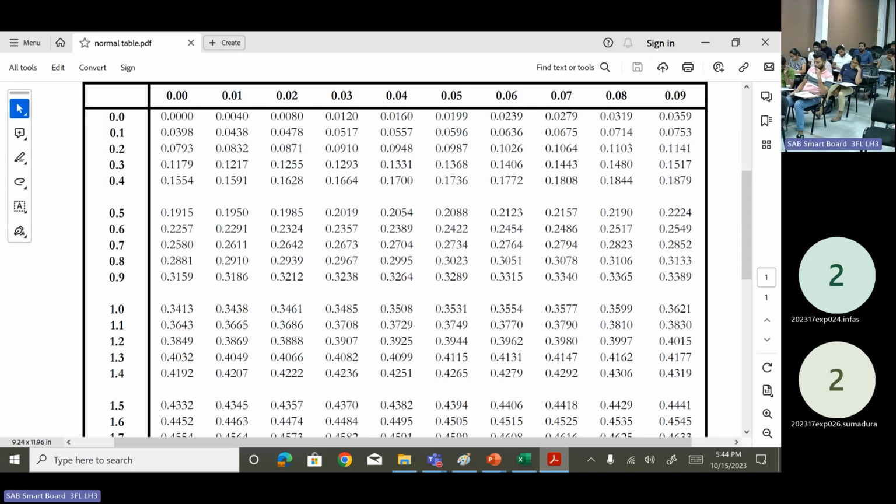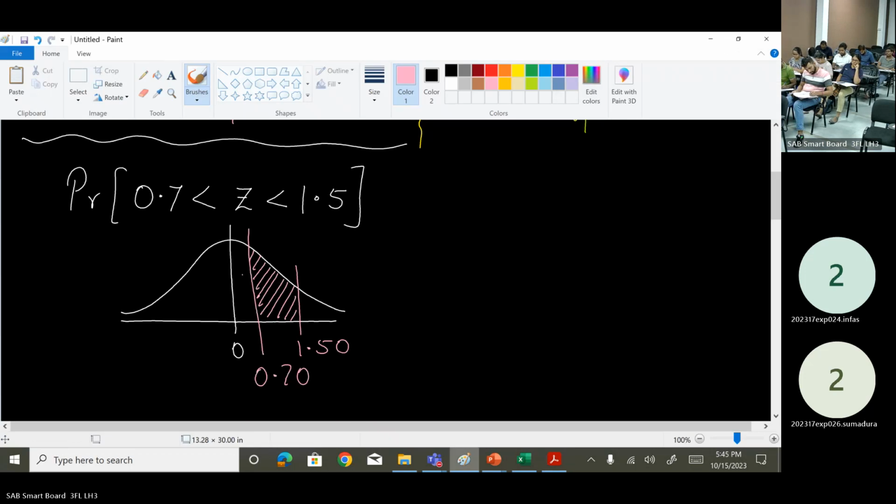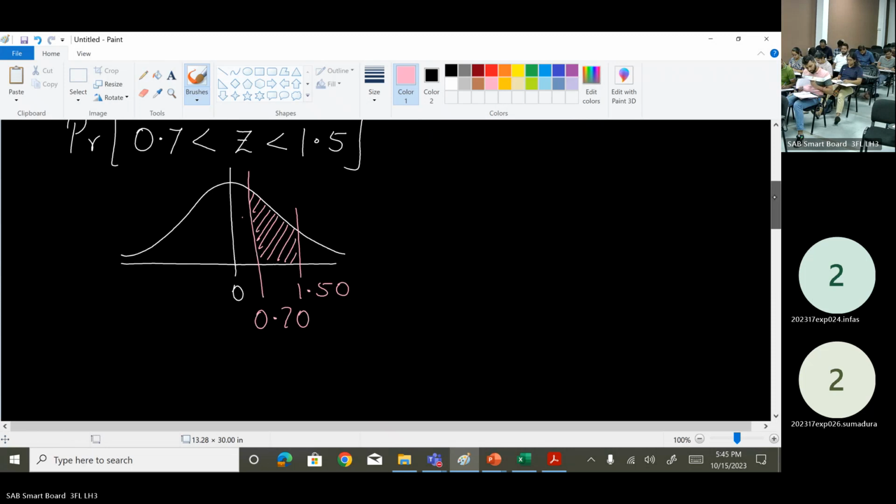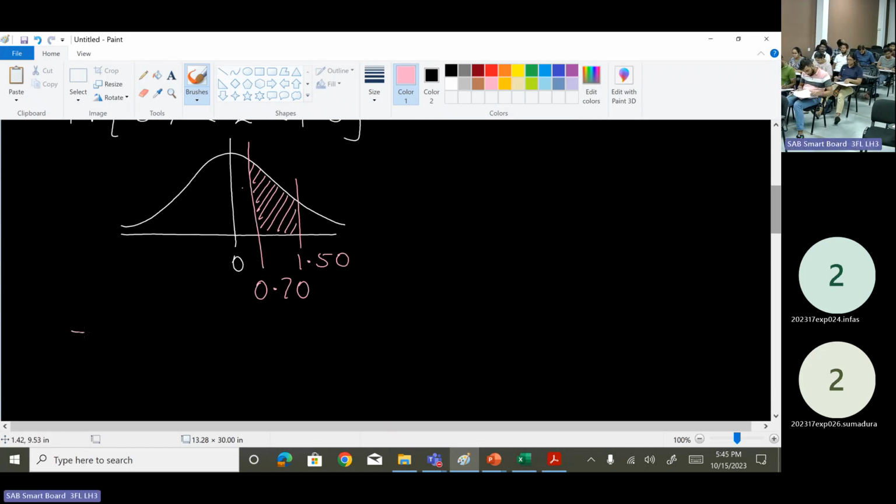So 1.5 you refer. 1.5 means this. 0.4332. 0.7 is 0.2580. So 0.4332 minus 0.2580. Now you can subtract that.